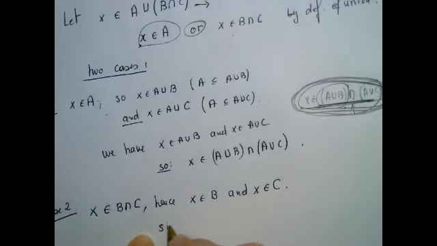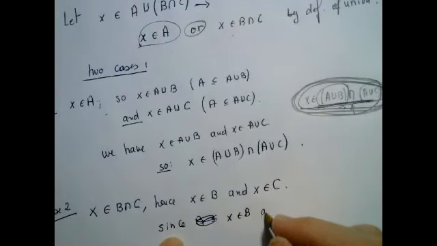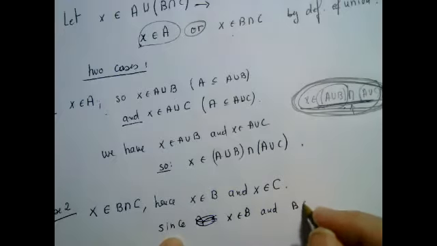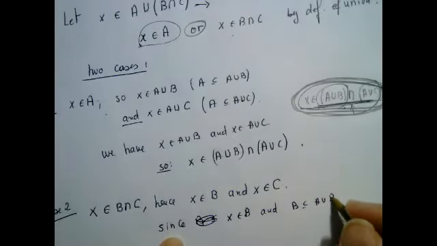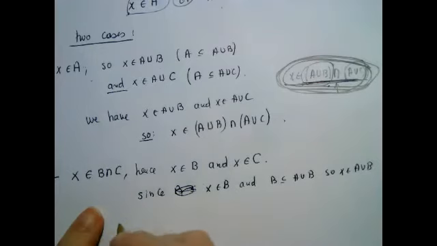Now you're right, but let me write it correctly so you know how. Since X is in B and B is a subset of A union B, X is in A union B. We got the first piece. And the "and" is crucial.